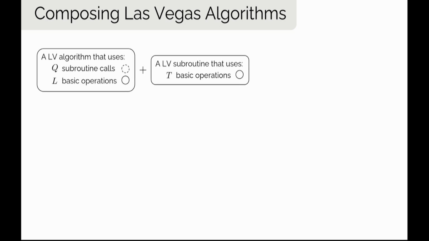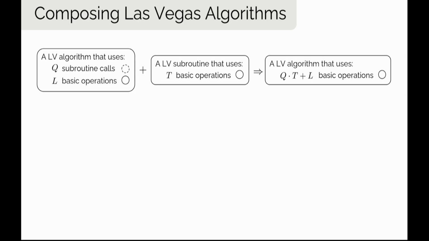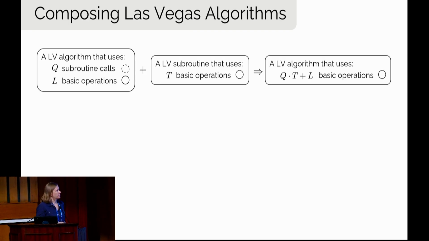If you plug in to these subroutine calls a Las Vegas subroutine, then it's always going to return the correct answer. And so the result will still always have the correct answer, and so the resulting algorithm will be a Las Vegas algorithm.